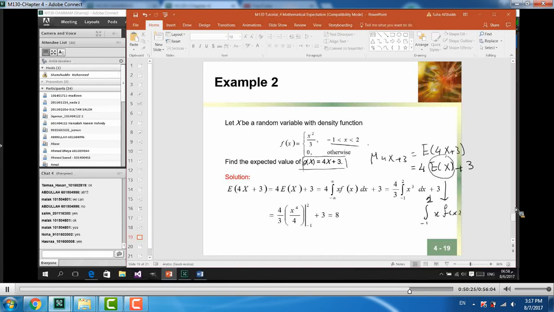I need the integration of x times x squared over 3, with the 4 outside and over 3 here. Find the integration result, substitute, and the final result is equal to 8. Is that clear? Have a look at the slide and let me know if you have any question.